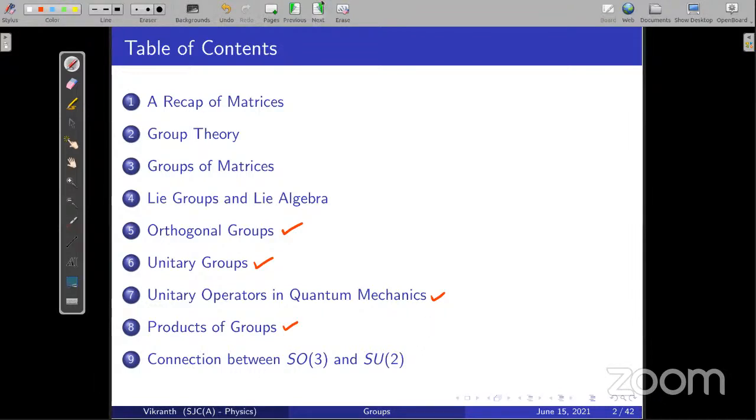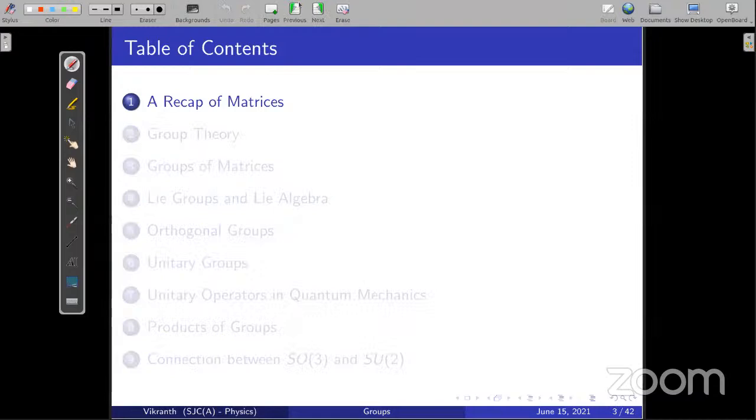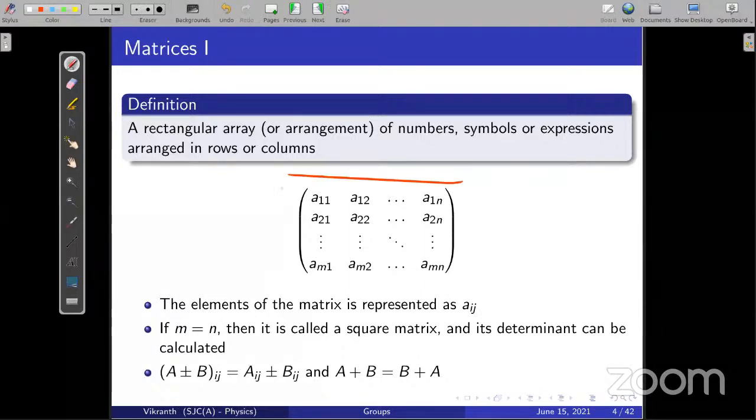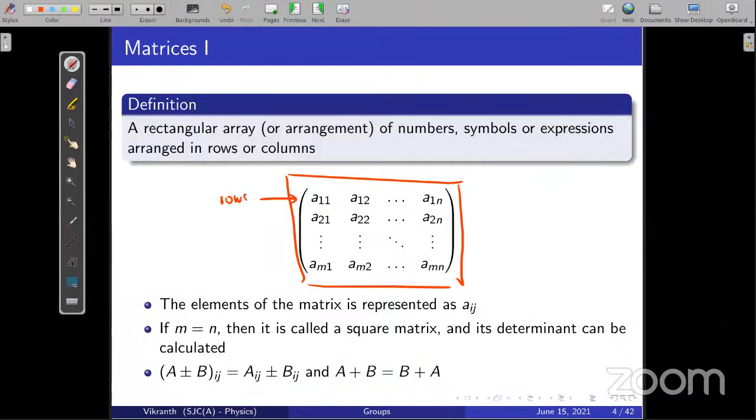All right, so the first thing we're going to do is talk about matrices. This is something that everyone is already familiar with. So a matrix is just an arrangement of numbers as shown here in the box. I hope you can see that drawing. So it's just a rectangular arrangement of numbers where you have m rows. These are called rows and these are called columns.